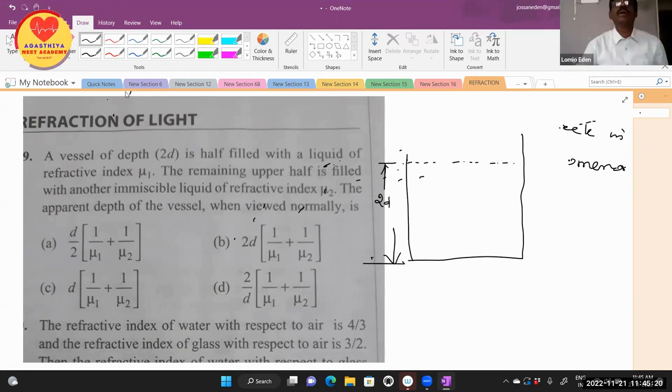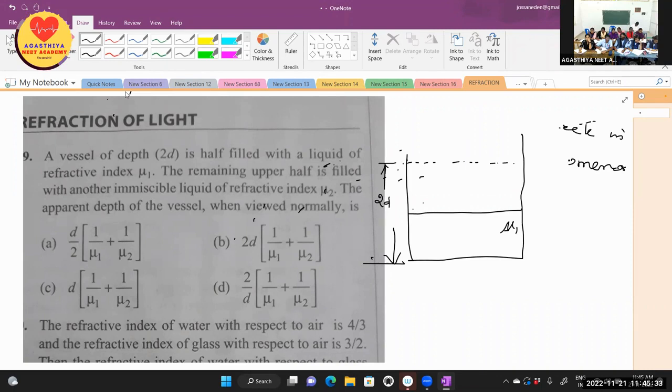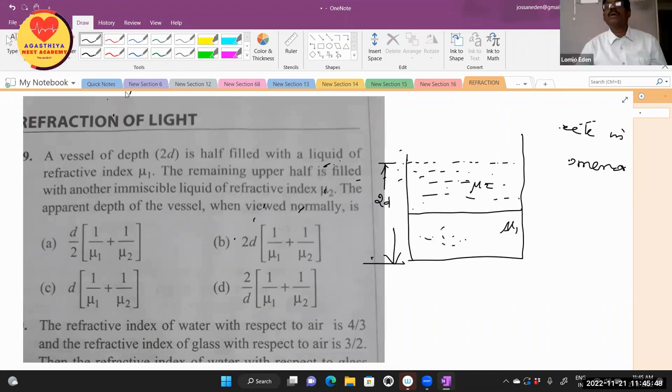It is half filled with the liquid of refractive index, let it be mu1. The remaining upper half is filled with another immiscible liquid with the refractive index mu2. Both are immiscible liquids. Immiscible liquid means they will not mix together. That is why it is called immiscible liquid.